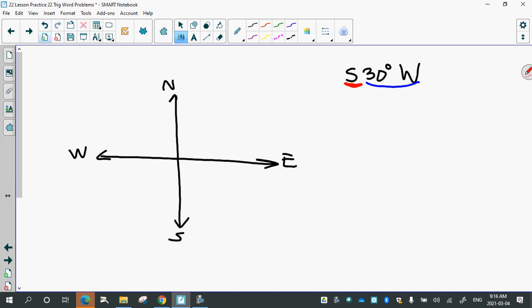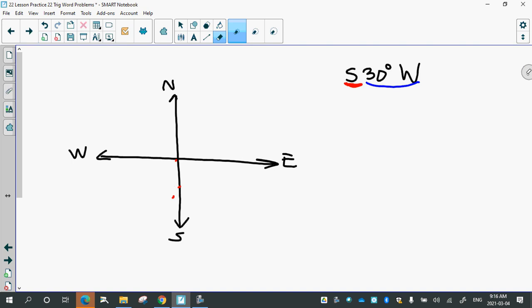Not halfway. So south 30 degrees west is going to look something like this, where that's 30 degrees. Yes? Okay, so keep the rest of it, but see if you can just erase this one.